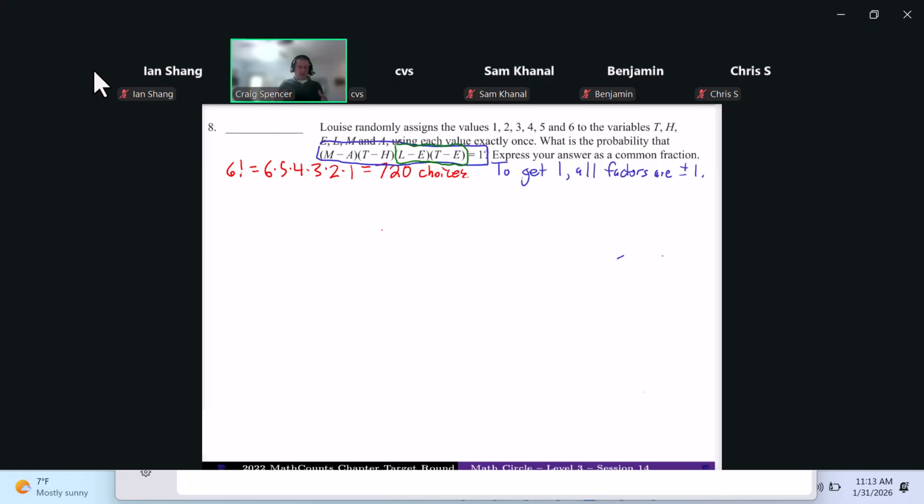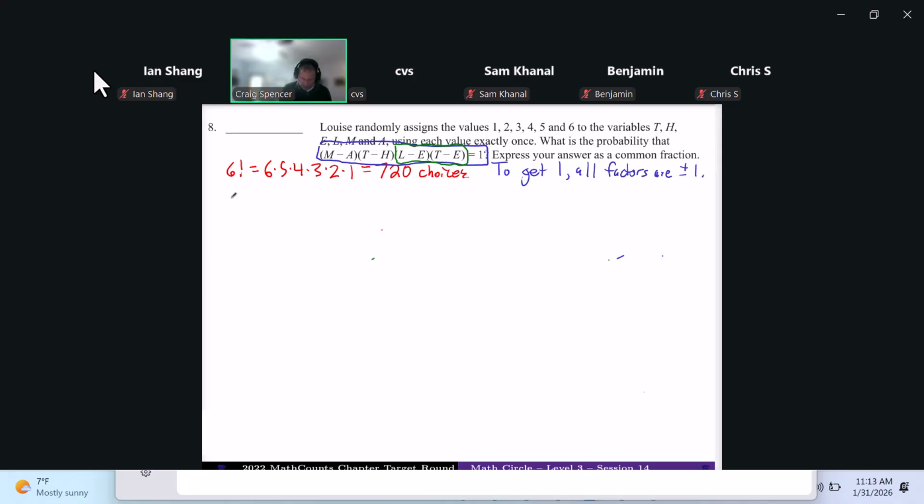And when I'm thinking about numbers, these 1, 2, 3, 4, 5, 6, the only way one of these factors can be 1 or -1 is if these two variables are consecutive, right? So I could have a 4 minus 3 or a 3 minus 4, but I can't have a 5 minus 3 because a 5 minus 3 is going to produce a 2 factor, right? So I could see here that these things need to be in order. So T and E need to be consecutive numbers, and E and L need to be consecutive numbers. One's going to be less than it, one's going to be greater than it.